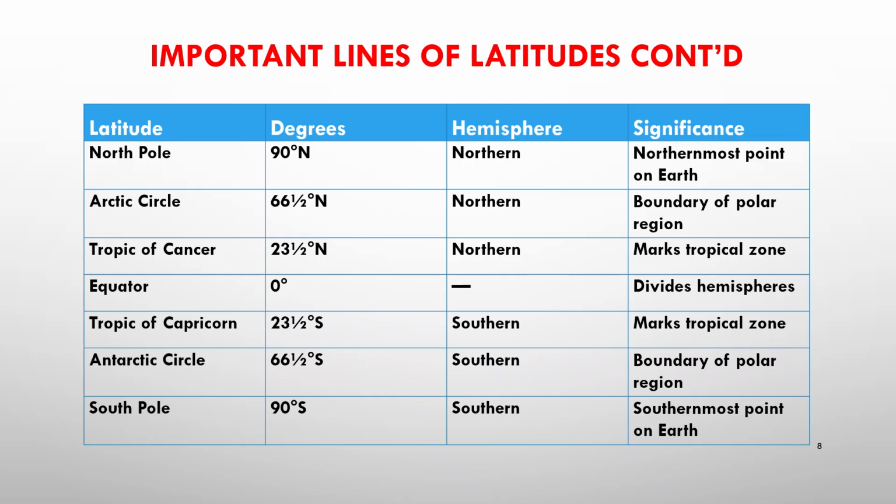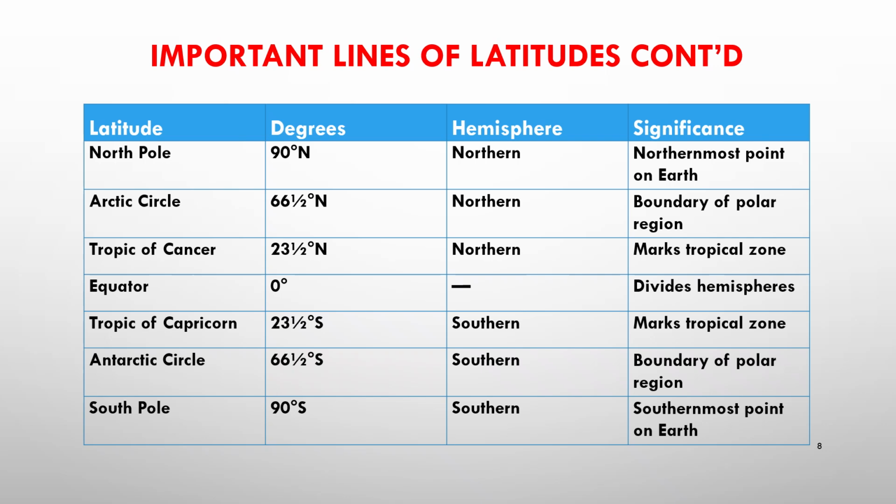So the equator serves as the reference point dividing the Earth into northern and southern hemispheres. Note that the equator is not in either hemisphere. It is a boundary between them. So you cannot tell me the equator is in the northern hemisphere or southern hemisphere. It is at the middle belt.